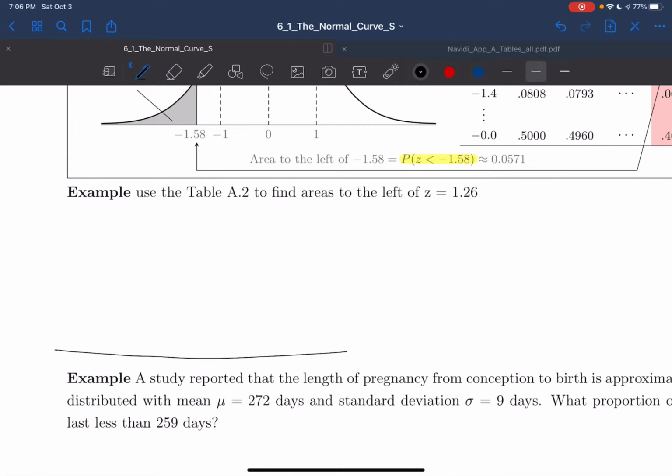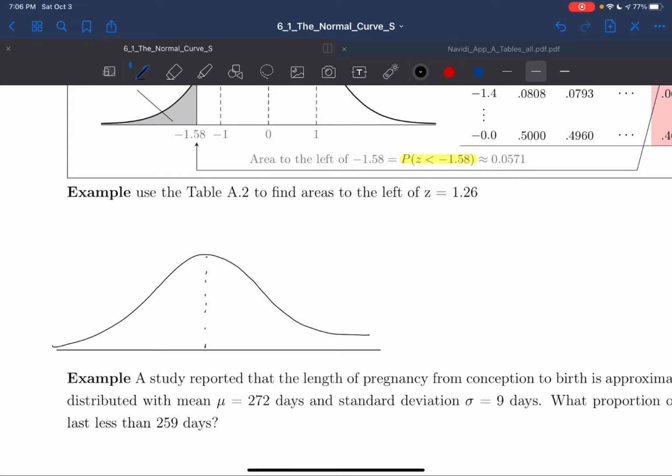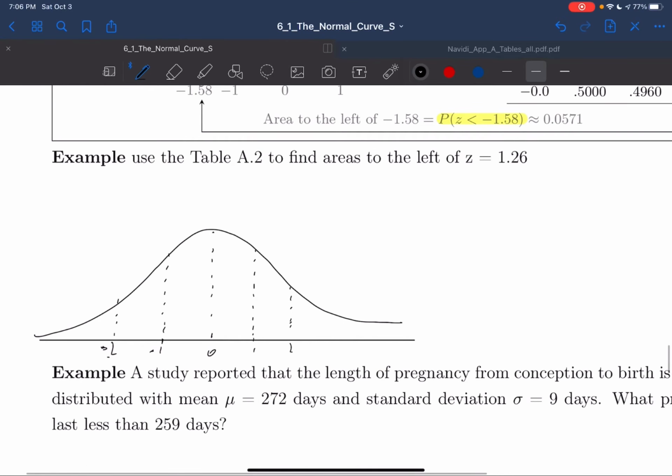Okay, let's say this is my standard normal curve and it has a mean of 0 and a standard deviation of 1. So this is 1, and then this is 2. Sorry, this is negative 1. This is negative 2.